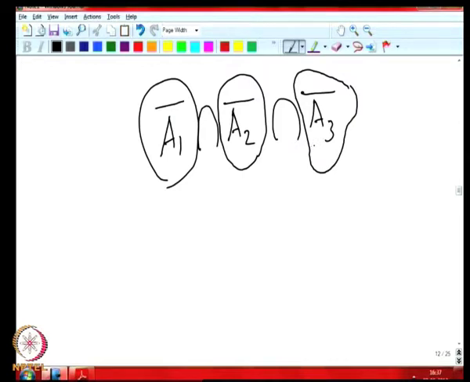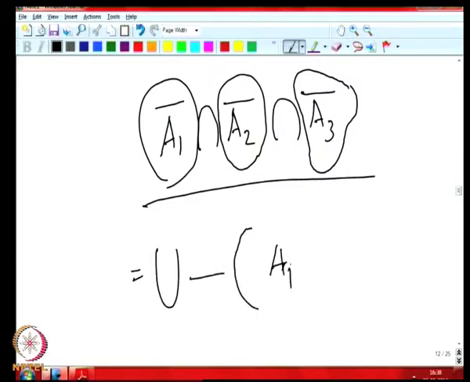We are interested in those numbers which are not divisible by 5 and not divisible by 6 and not divisible by 8. So, we are interested in this thing, which is essentially U minus A1 union A2 union A3, right.